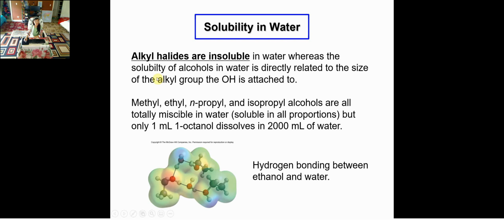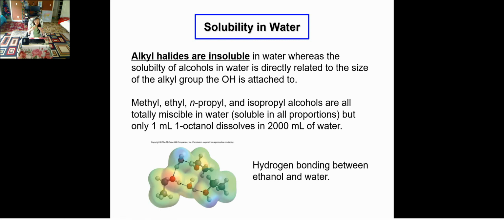If you have methyl, normal propyl, or isopropyl, these alcohols of three carbons or less are totally miscible in water, meaning you can form a homogeneous aqueous solution in any proportion.